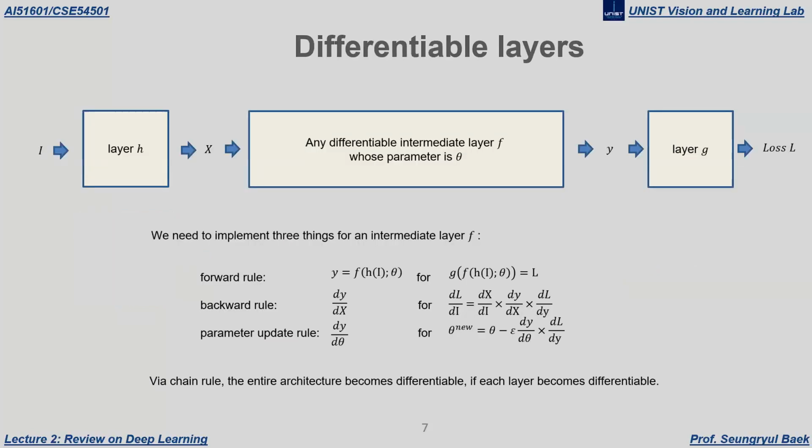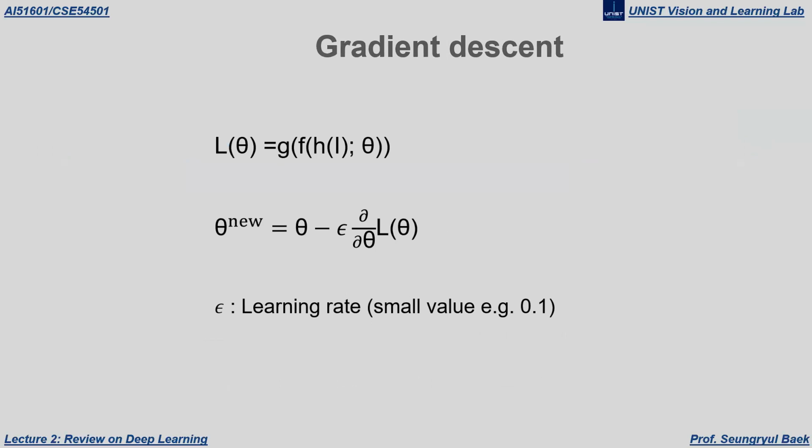So we have to define three rules for each layer: forward rule, backward rule, and parameter update rule. If we define these three rules for each layer, then the entire network composed of these differentiable layers becomes differentiable again. And we can get the differentiation of the loss with respect to each parameter of the entire deep learning network. Then we can learn the entire network. That's what I mentioned in the previous lecture.